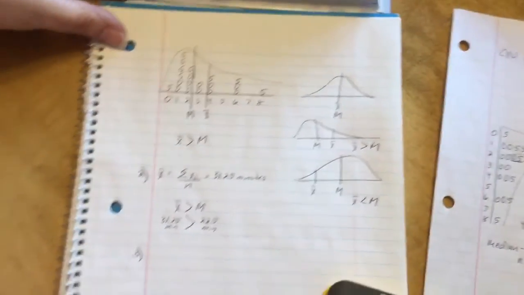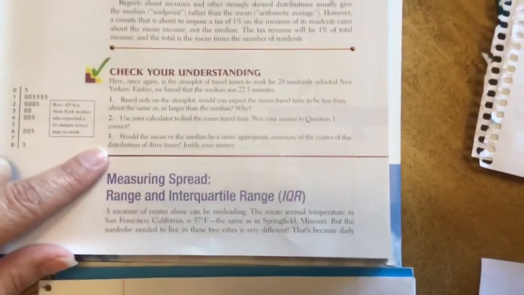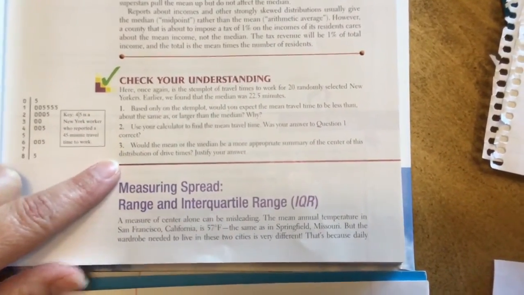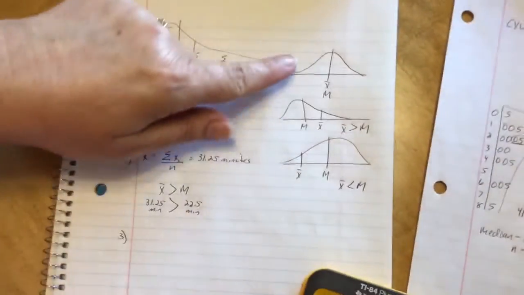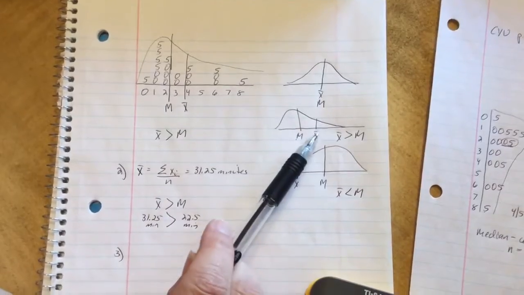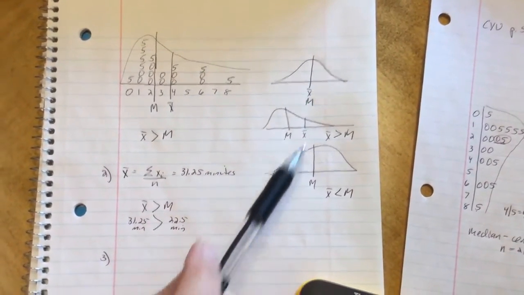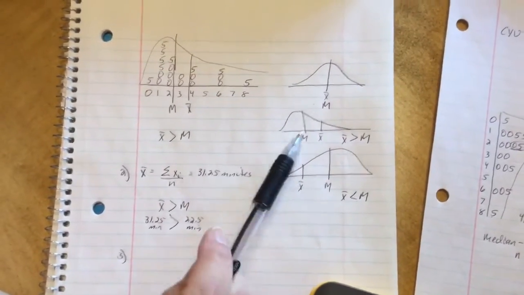Can you come up here so I can read the question? Would the mean or the median be a more appropriate summary of the center of this distribution of drive times? Justify your answer. Well, again, coming back to the shape of our distribution, means react to extreme values a lot more than medians do.